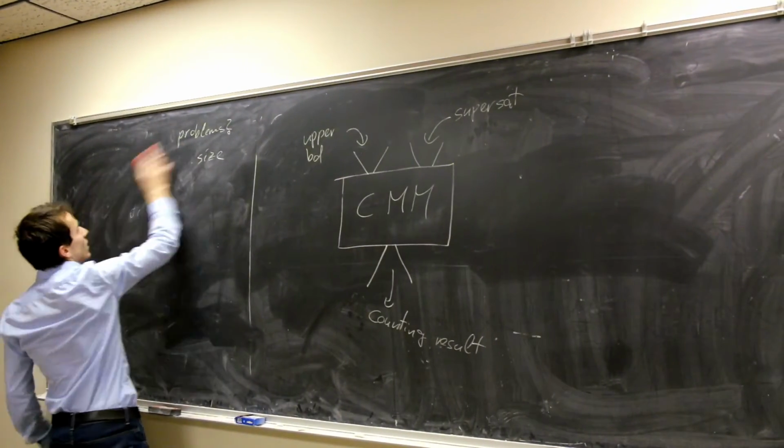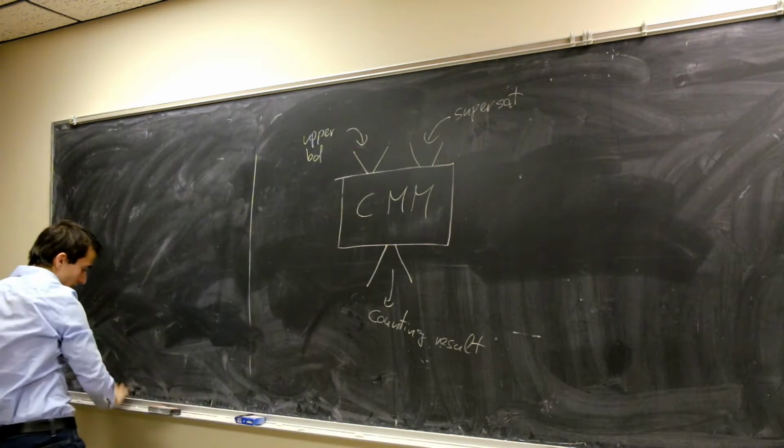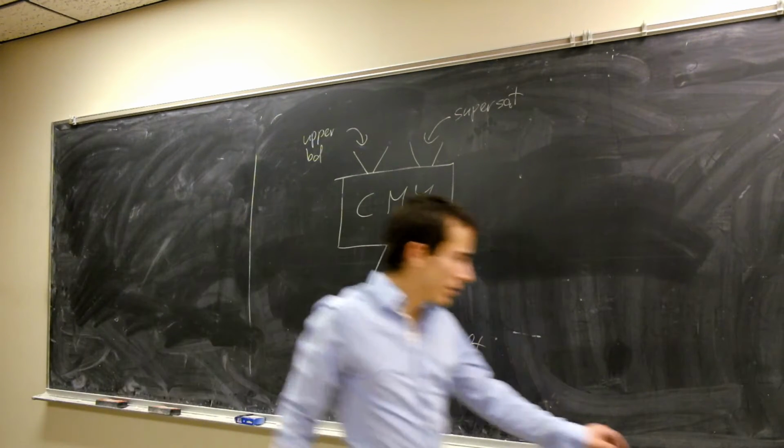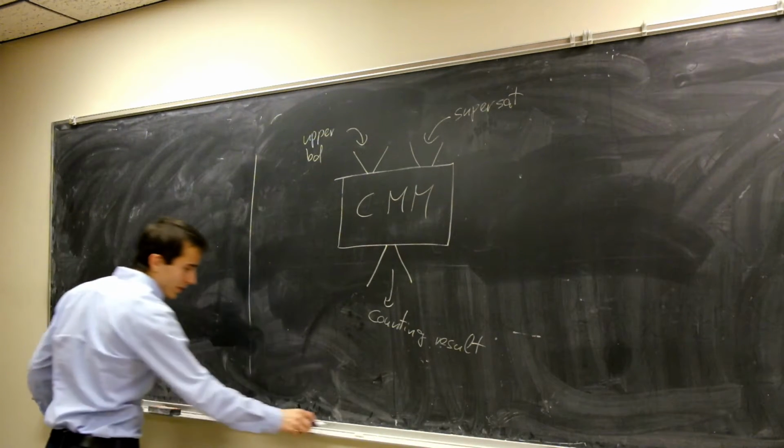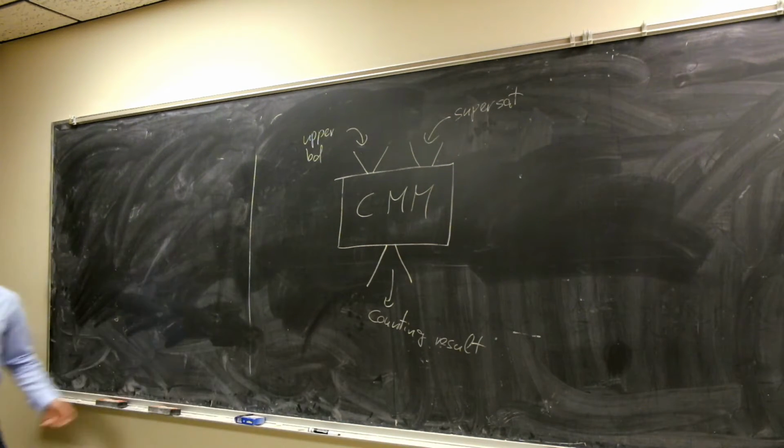Okay, so now we have a good upper bound on the size of these families. The next step is always: how many such families are there?